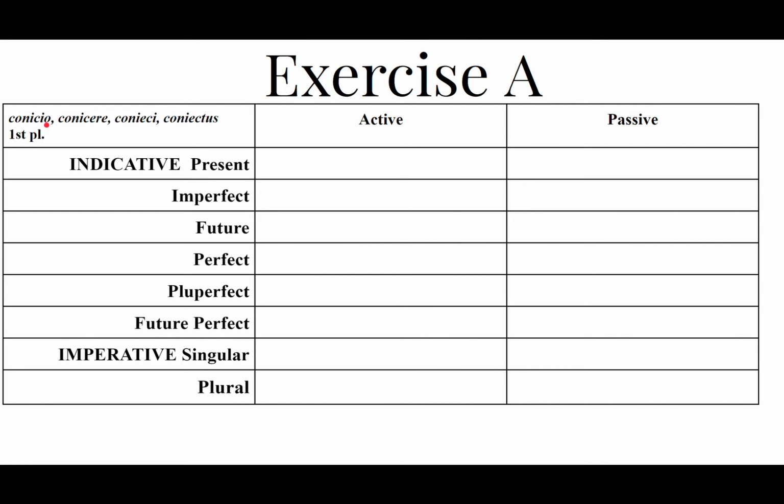So conicio, third-io. Chop the o off the first principal part to get the present stem, and it ends in the letter i, so it's a third-io: conici. Go ahead and write conici as the base for the present, imperfect, future, active and passive. Then add first person plural endings: conicimus, conicimur.